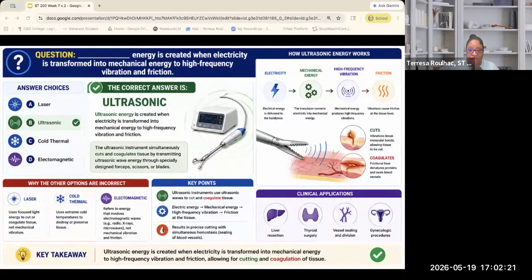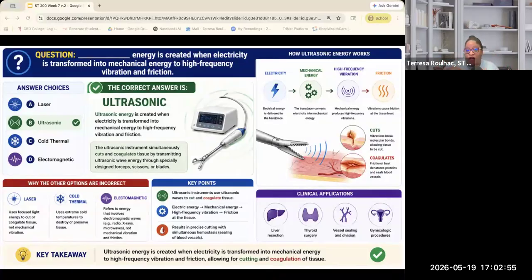Okay. Now, when we look at this question again, ultrasonic energy is created when electricity is transformed into mechanical energy to high frequency vibration and then that friction. That ultrasonic instrument will simultaneously cut and coagulate tissue by just transmitting the ultrasonic wave energy through, like, the forceps that we use.